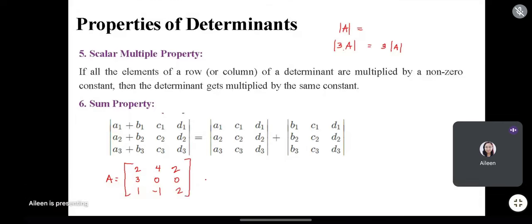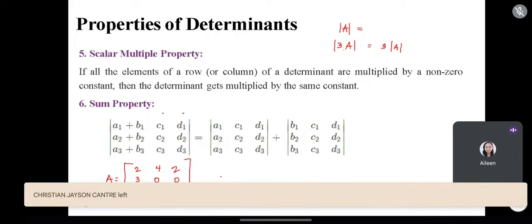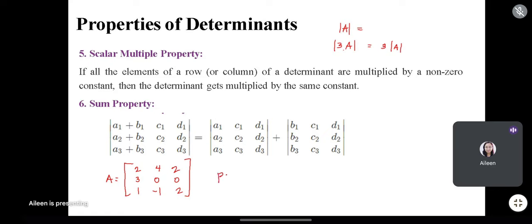Ganyan yung ating A. And then what we did is that we multiply, let's say we have matrix B, all the elements of row 1, column 1, will be multiplied by 2.